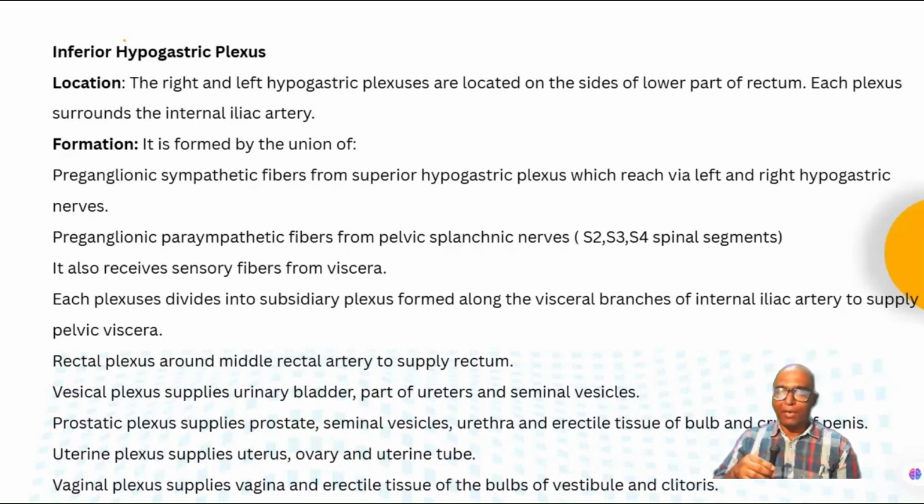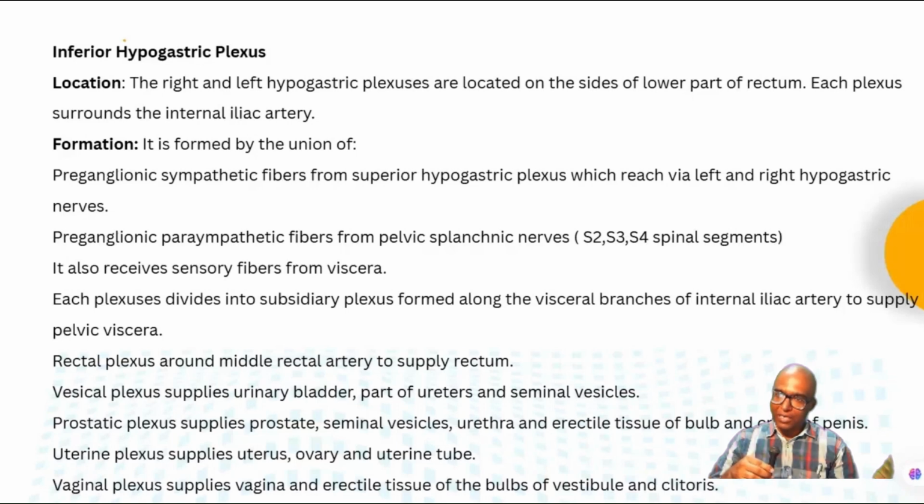The right and left hypogastric plexus are located on either side of the lower part of the rectum. Each plexus will surround the internal iliac artery. It is formed by the union of the preganglionic sympathetic fibers from superior hypogastric plexus, which reach via the left and right hypogastric nerves, then preganglionic parasympathetic fibers from the pelvic splanchnic nerves, that is S2, S3, S4. So it has both sympathetic and parasympathetic components.